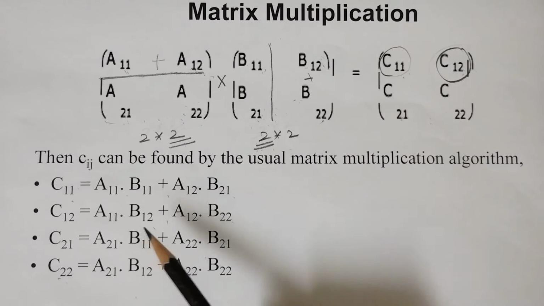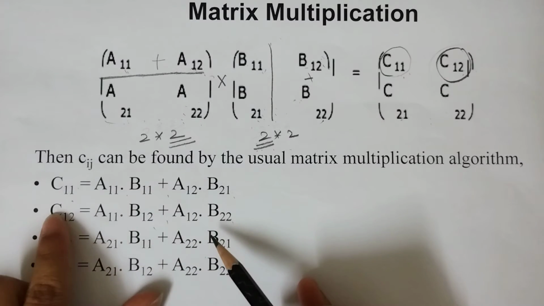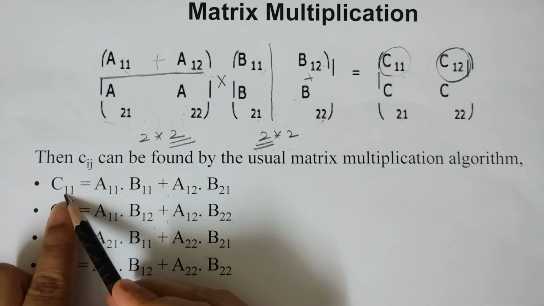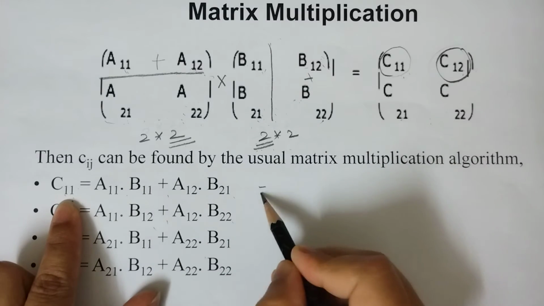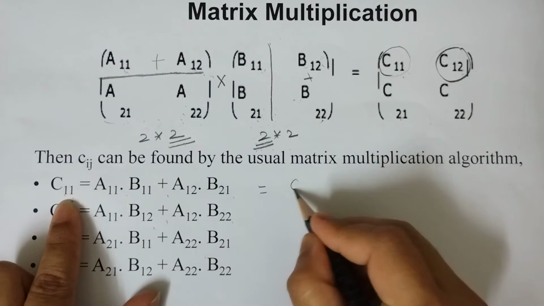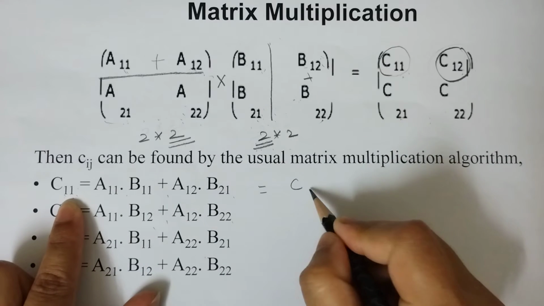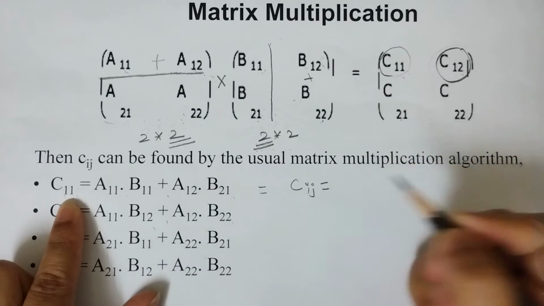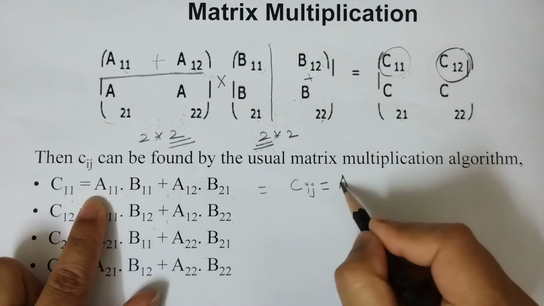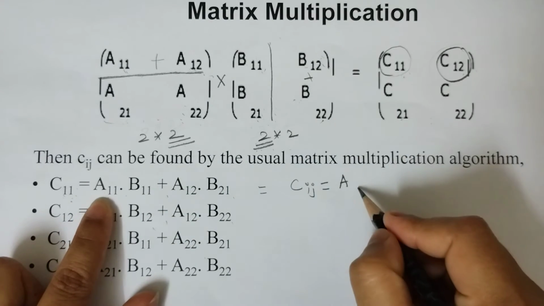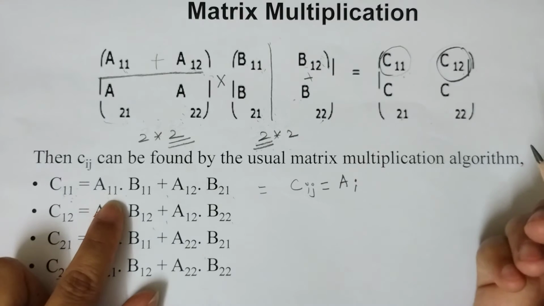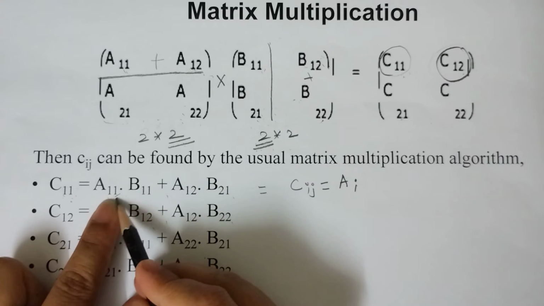Okay, now if you look at this example carefully, here you need to find the value for C11. So what is the formula generally I can write here? Let me take this value as i and this value as j. So Cij can be given as A, i, and I am taking this as k.